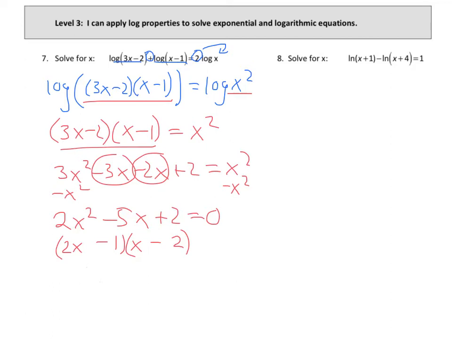And we set this equal to 0 and figure out what makes each part 0. So 2x minus 1 equals 0. Add 1 to both sides, 2x equals 1. x equals 1/2.